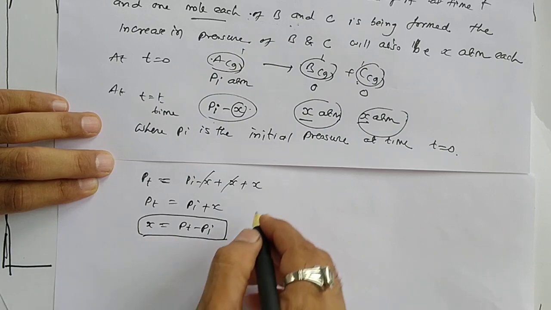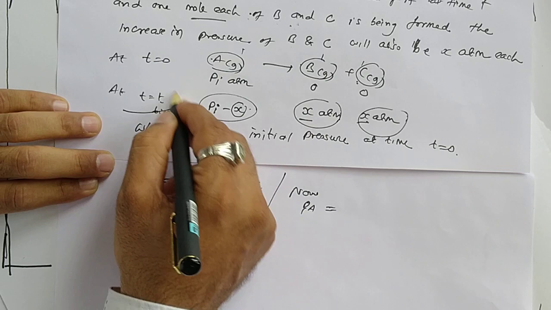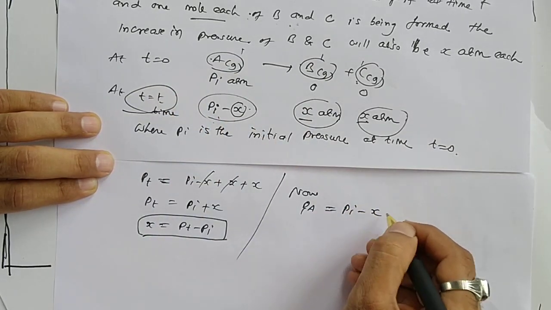Now Pa, the pressure of A at T time, is Pi minus x.